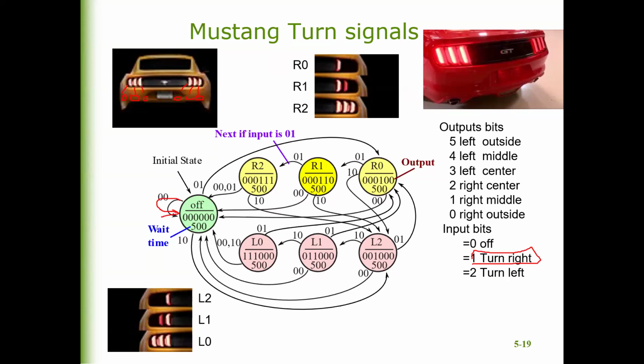And if it's 0, 1, on this side the lights will turn on. Bit 2 will turn on first, and then bit 1, and then bit 0. So if the input is 0, 1, which means turn right, we will go to the R0 state, okay?